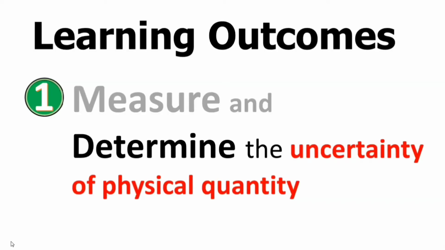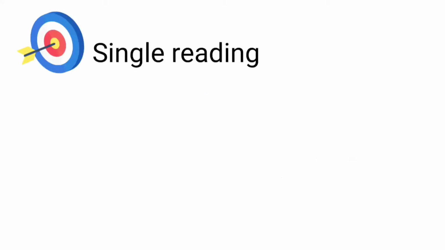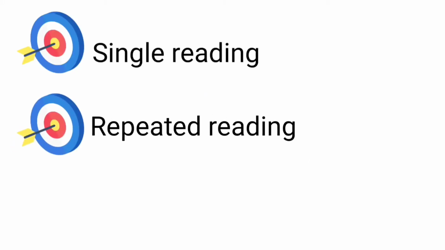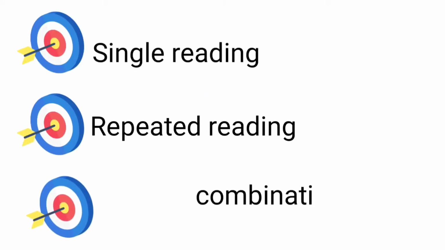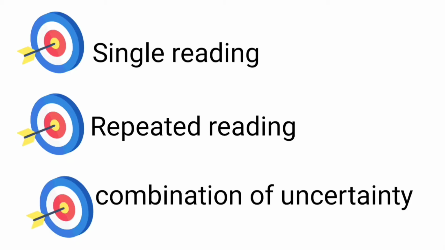Coming back to the learning outcome, now I am going to show you how to determine the uncertainty of measurement. We are going to discuss how you can determine the uncertainty for 1. Single reading, 2. Repeated reading, and 3. Combination of uncertainty for a derived quantity.